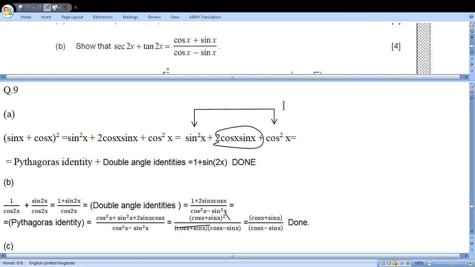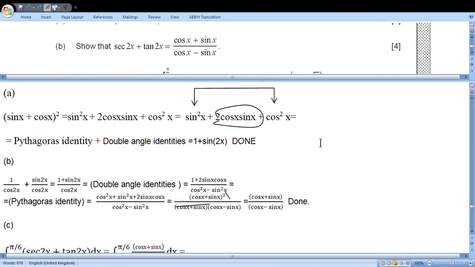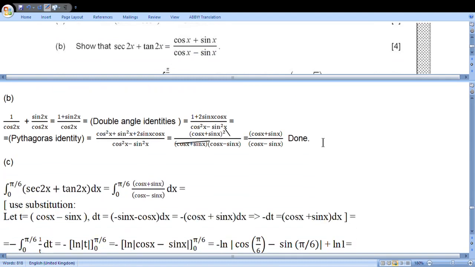Question B. Show this identity. So secant we turn into 1 over cosine. Then we add fractions with the same denominator, so we get 1 plus sine 2x.